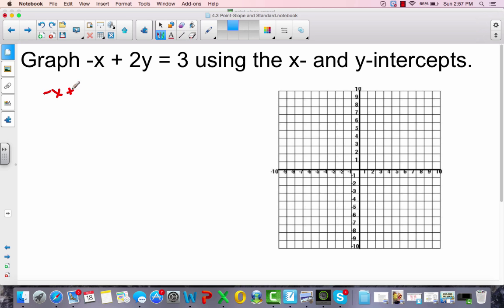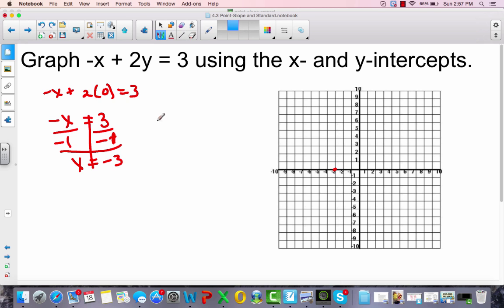Okay, picking up from where we left off, -x + 2 times 0 = 3. So that gives us -x = 3. Divide by -1, and that gives us x = -3. So we come over here to -3 and we put our dot. And then we let x equal 0. So it'll be -0 + 2y = 3.